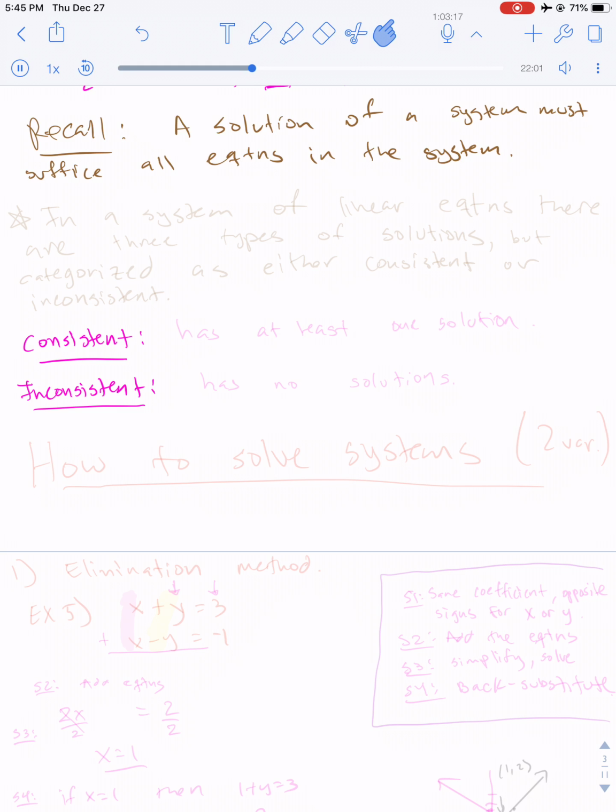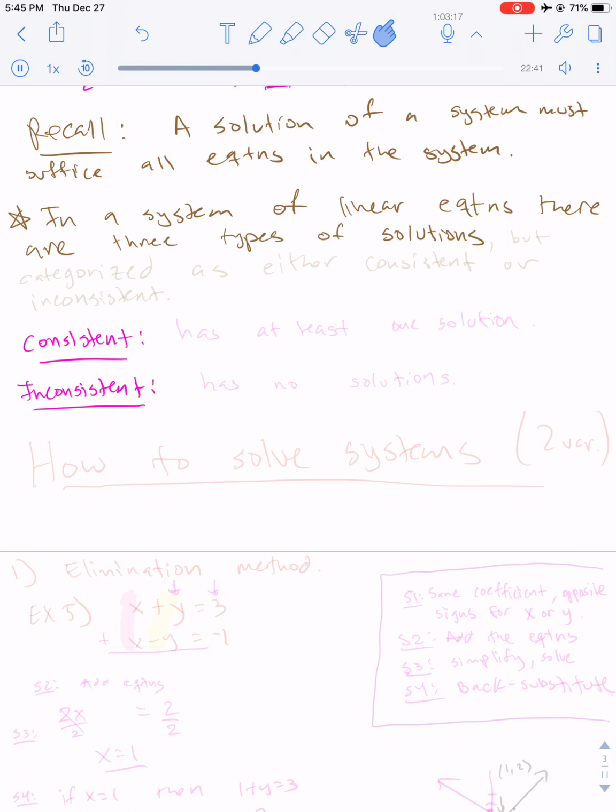So in a system of linear equations, there are three types of solutions that can be found through this process.